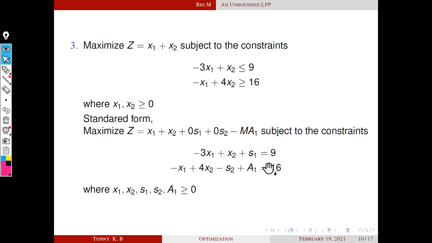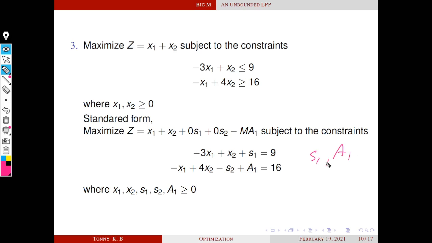So initially, what are the basic variables? Which variables are basic? S1? S2 is not basic.